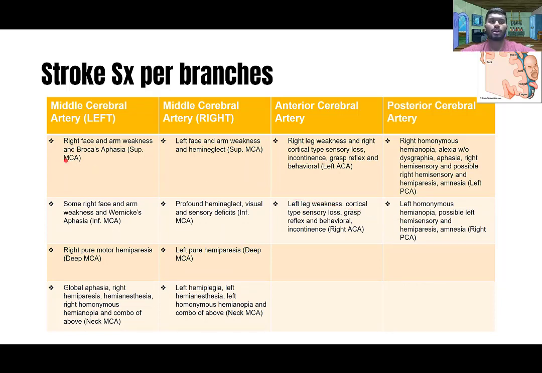So starting off, we have symptoms of the left superior MCA. So we have right face and arm weakness to start off with. I want to refer you guys to this motor homunculus picture that I included at the very top. As you can see, this is the frontal lobe, the primary motor cortex, right? So this is in the frontal lobe, very close to the parietal lobe.